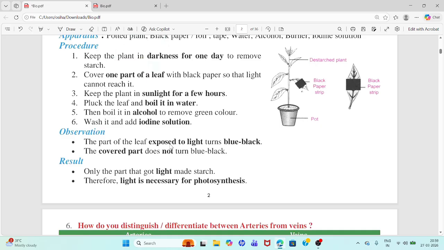The part of the leaf exposed to light turns blue black. The covered part does not turn blue black.